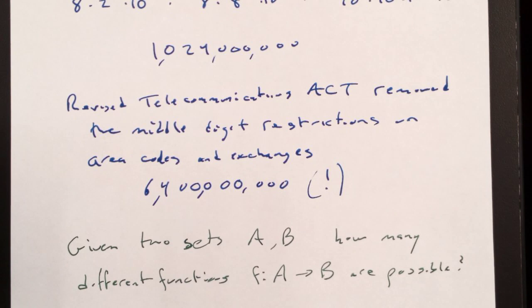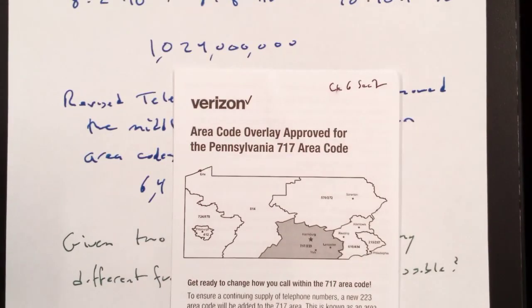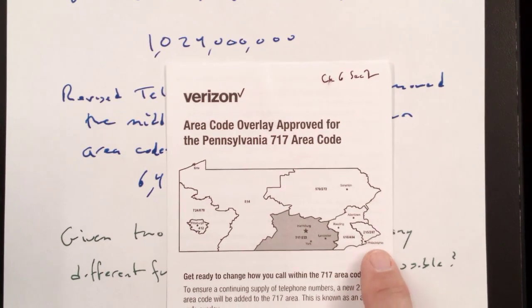Oh, and by the way, because of the way in which we count all of this, we keep changing the area code map in the state of Pennsylvania. 2017, they put a new area code over Harrisburg. In 2018, look at the Philadelphia area.